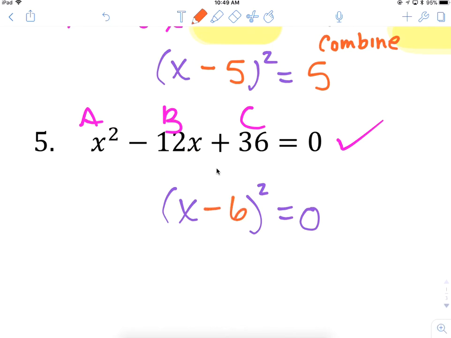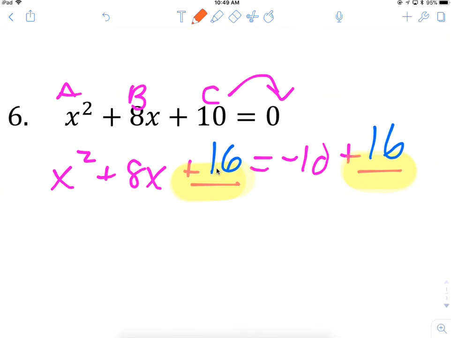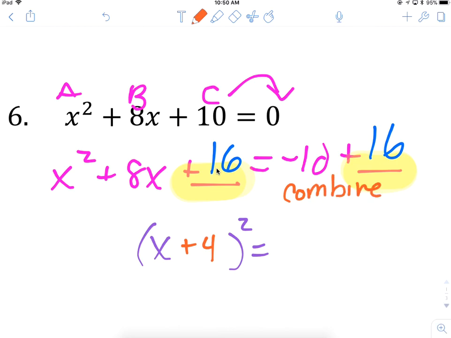So x minus 6 is squared. Bring down my equals 0. Last one like this. If I go ahead and I set up my parentheses, keep my x, half of b was a positive 4, so plus 4. And then if I combine over here, negative 10 plus 16, I would get 6.